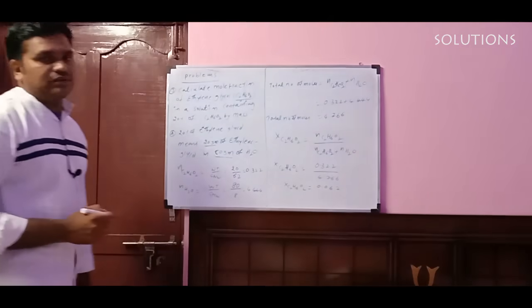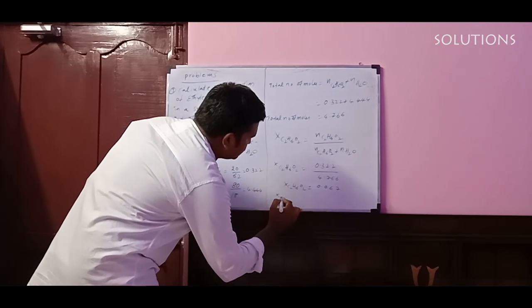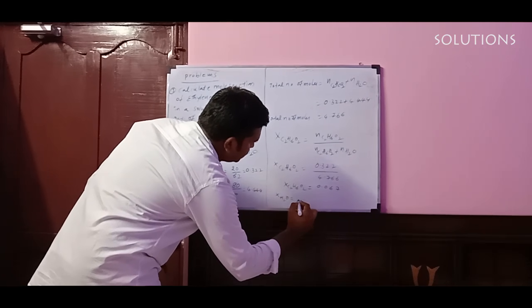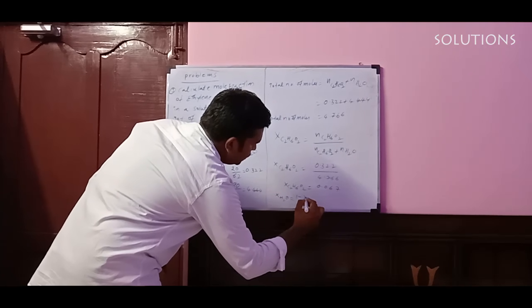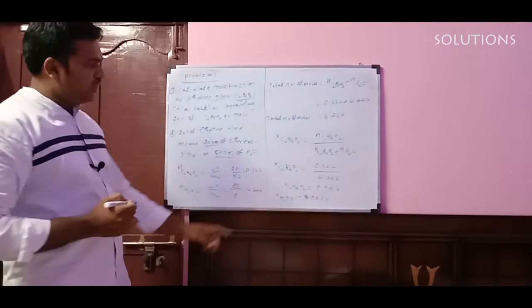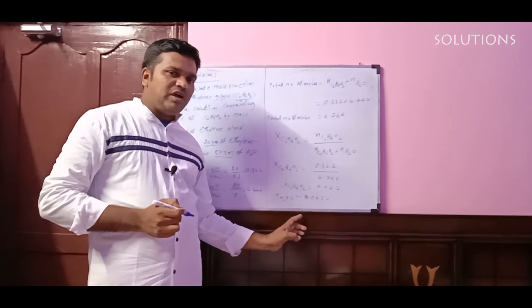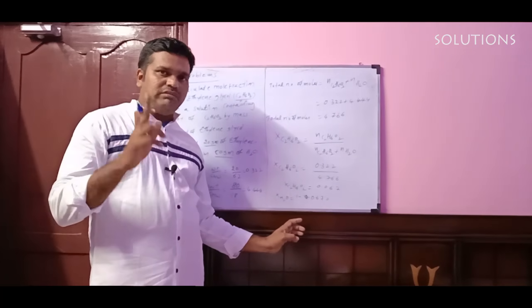This is the mole fraction of ethylene glycol only. Clear? Now we want to find out the mole fraction of H2O. Mole fraction of H2O is equal to 1 minus 0.067. You know, number of moles of solute plus number of moles of solvent, the mole fractions always add up to 1 only.